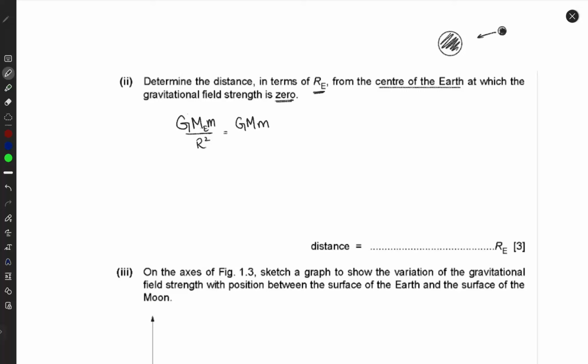So because we are considering it as Earth, capital M is the mass of the Earth over here, small m is just the mass of this object, the Moon, and this is the force for the mass of the Moon, and this is again the same mass, which is of the Moon.